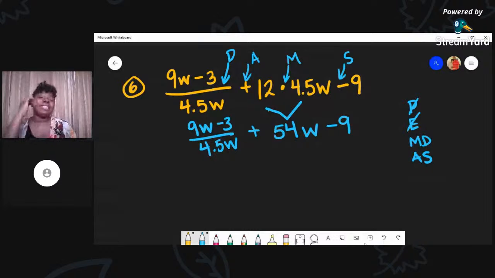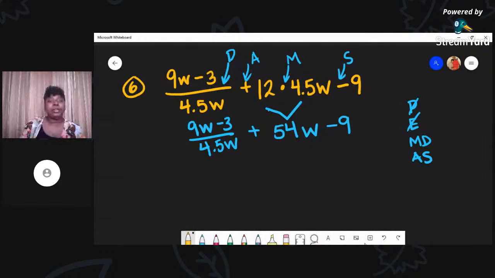There's no equal sign. It would be a lot easier if that plus was an equal, so that you can get rid of that 4.5 in the denominator. That would make it a whole lot easier. Sure would, but since we can't do that, okay.